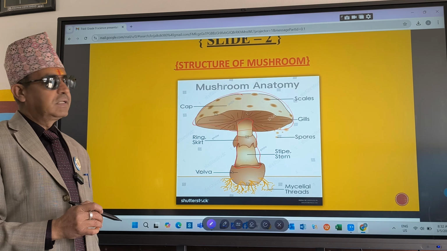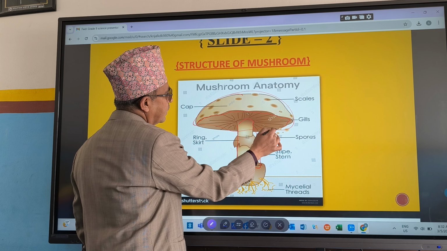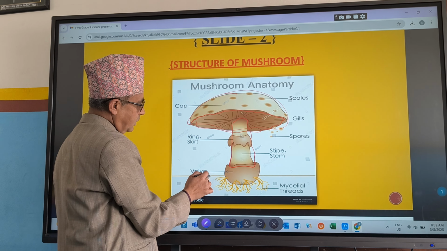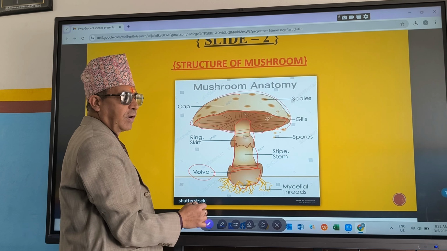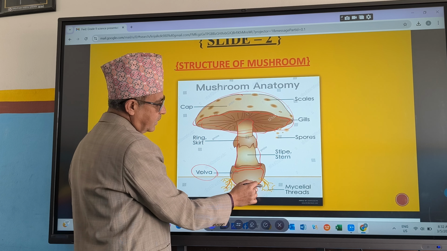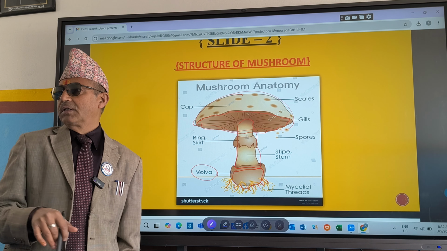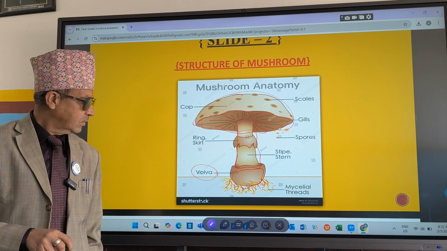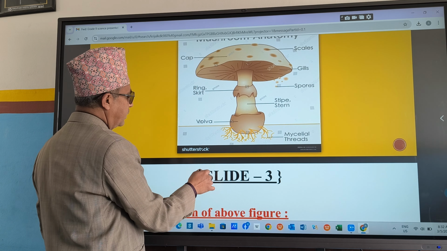Stipe and pileus. In the lower part of the pileus there are gills. Here is one lower basal part that is called volva, and here are thread-like structures. Actually, they are not true roots. They are called mycelia. Structure must be remembered.